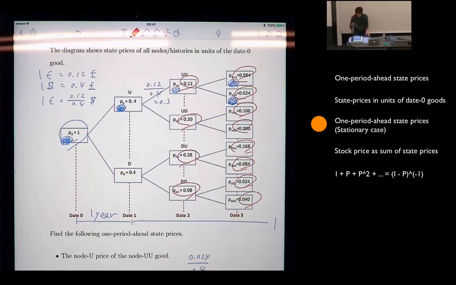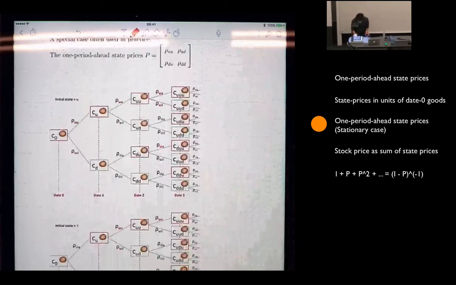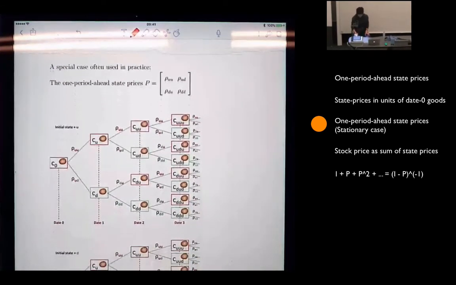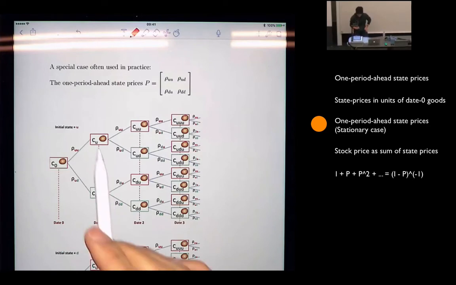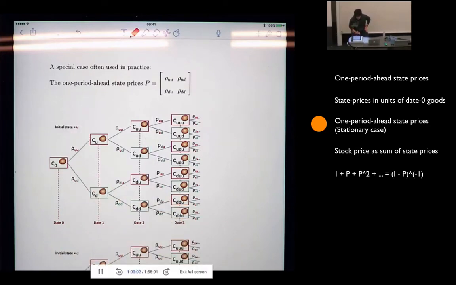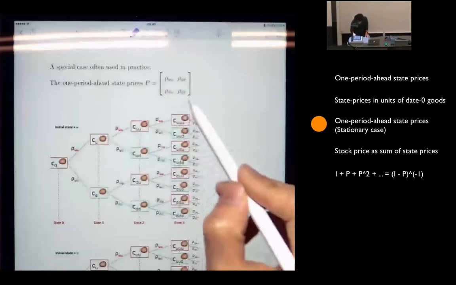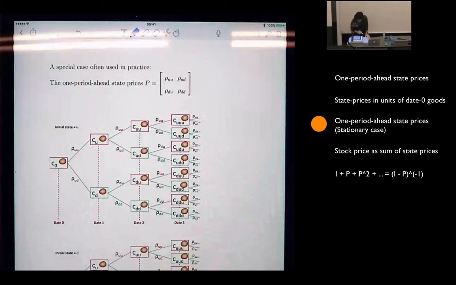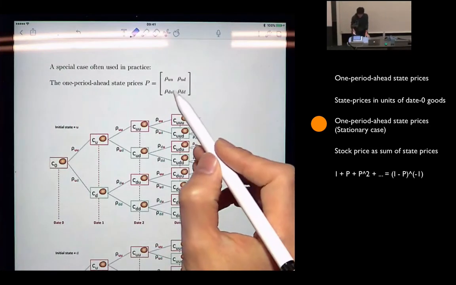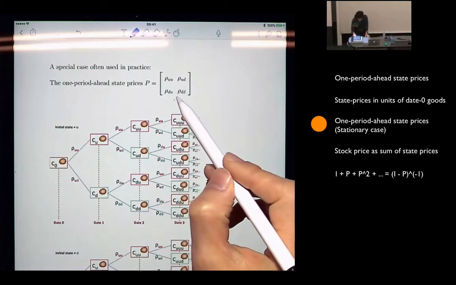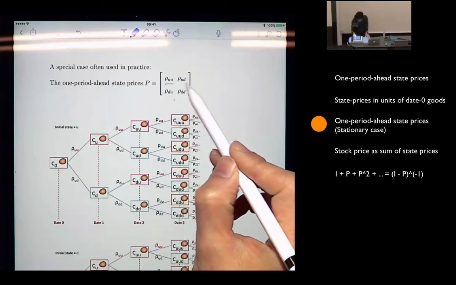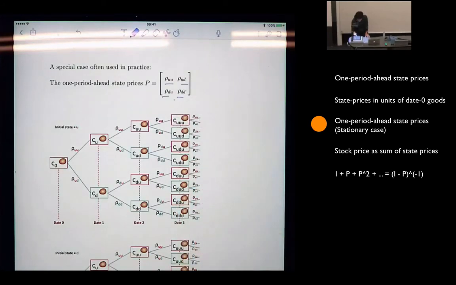And that's the example we are going to look at in the next example. So in the next binomial tree, we assume that 1 period ahead state prices have some pattern. In particular, we assume that one period ahead state prices can take only 4 possible values, rho UU or rho UD or rho DU or rho DD.